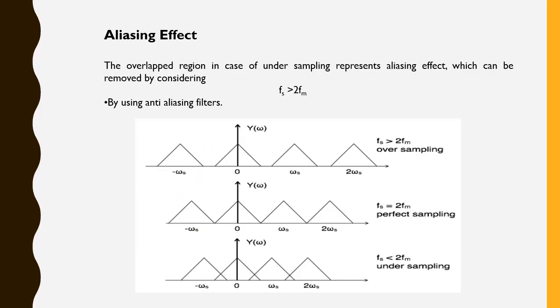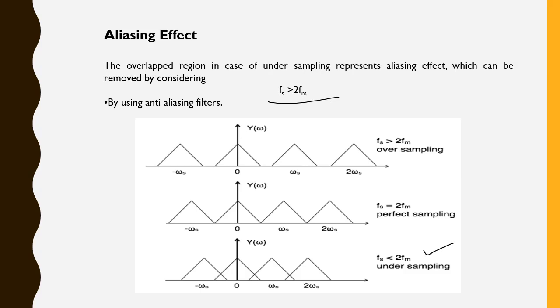So next we have the next concept, which is called aliasing. We have already come across the aliasing effect. We have seen that two signals are getting overlapped whenever I consider my frequency fs to be less than twice that of fm, less than 2 fm, which is nothing but the undersampling case.